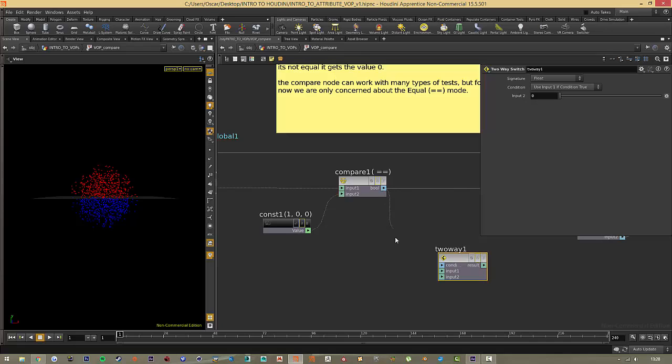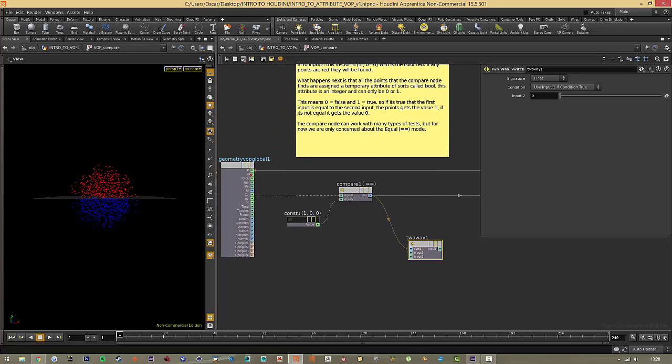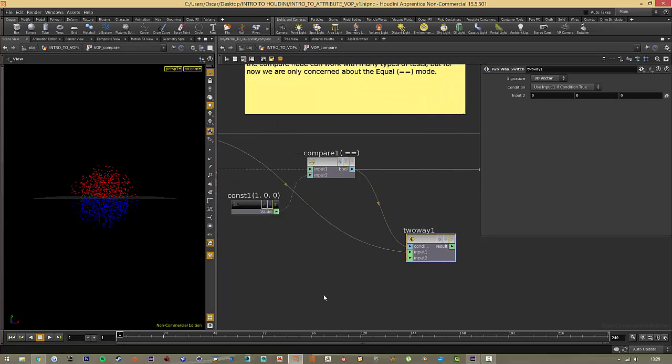We're going to pipe the Boolean value to the condition of the two-way switch. So the two-way switch will switch between two values based on this condition. And the condition takes either a 0, false, or a 1, true, okay? So we're going to pipe the original position into the value 1, okay? This means that if the condition is true, the input 1 will be used.